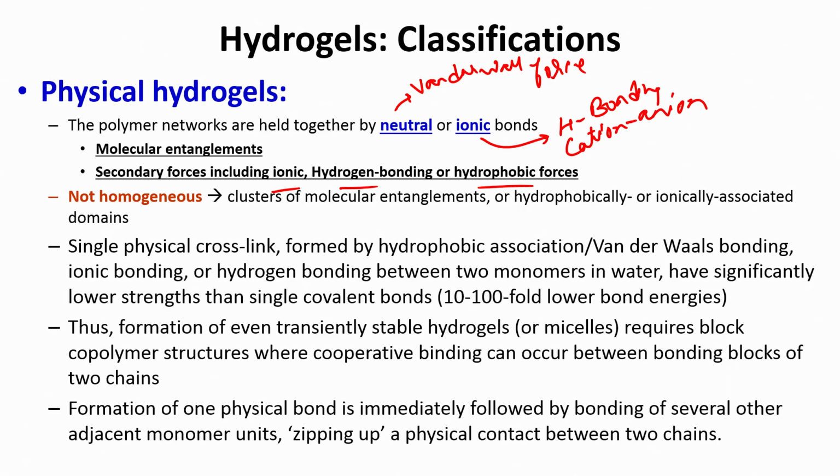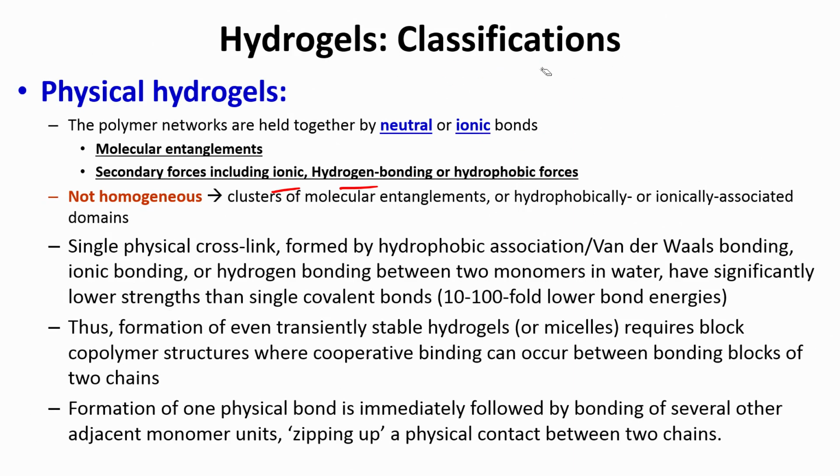So you can have one bond forming between these two. Let us say this is AAA from one chain and this is BBB from another chain, and as soon as they come in contact and start interacting, these surrounding atoms are also close together.